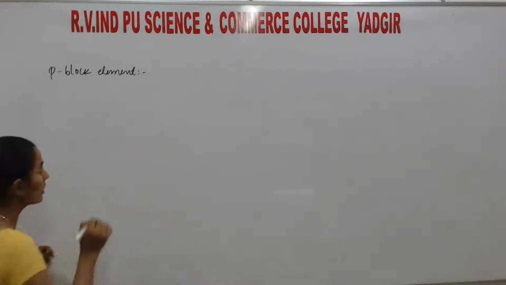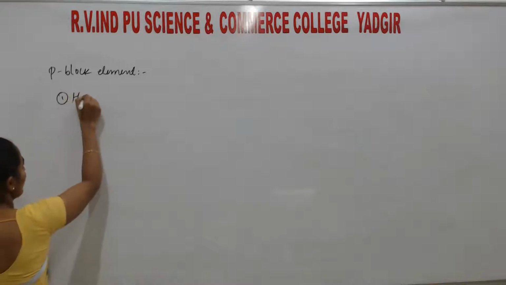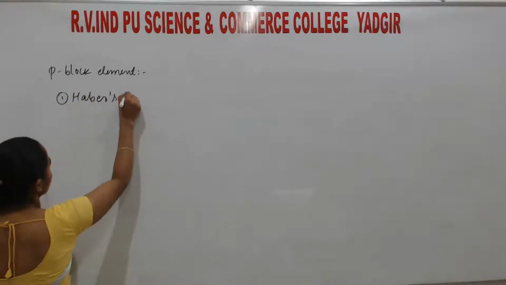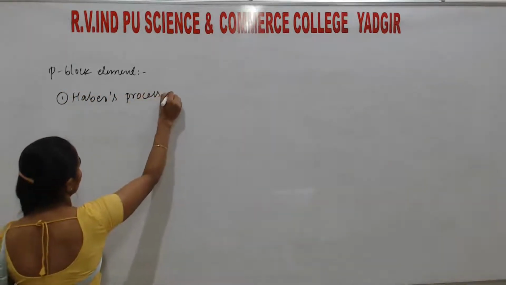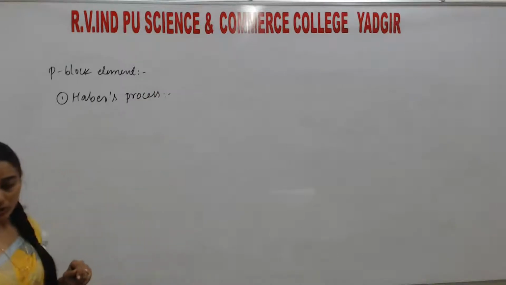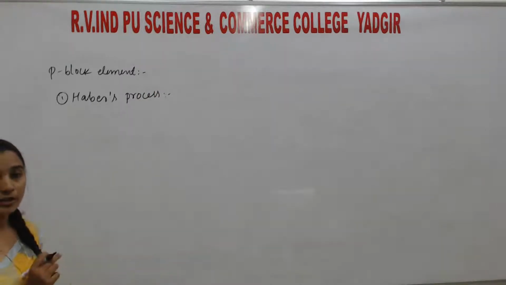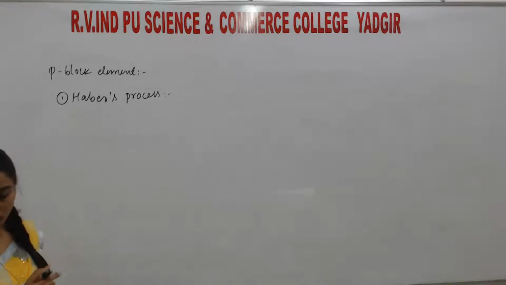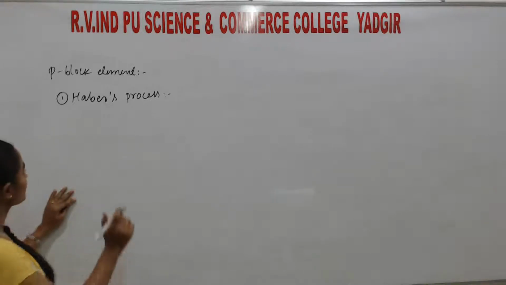So in the P block element, the important one is Haber's process. In Haber's process, there is a flow chart. So what is that flow chart?